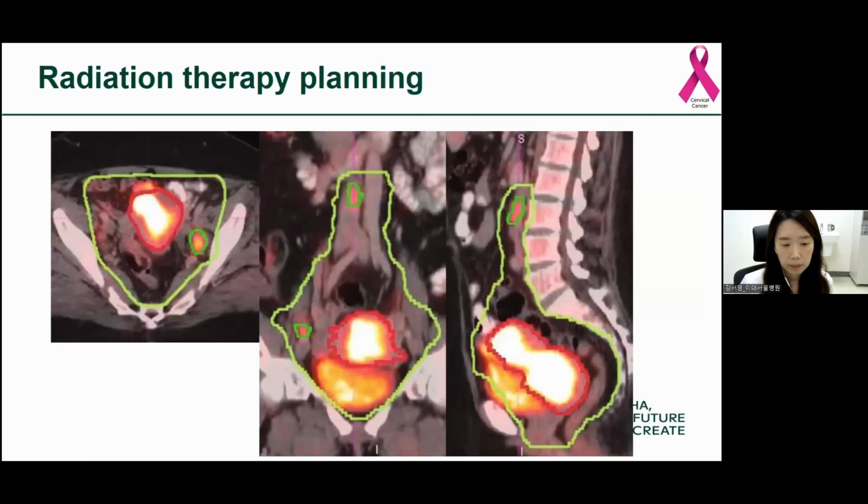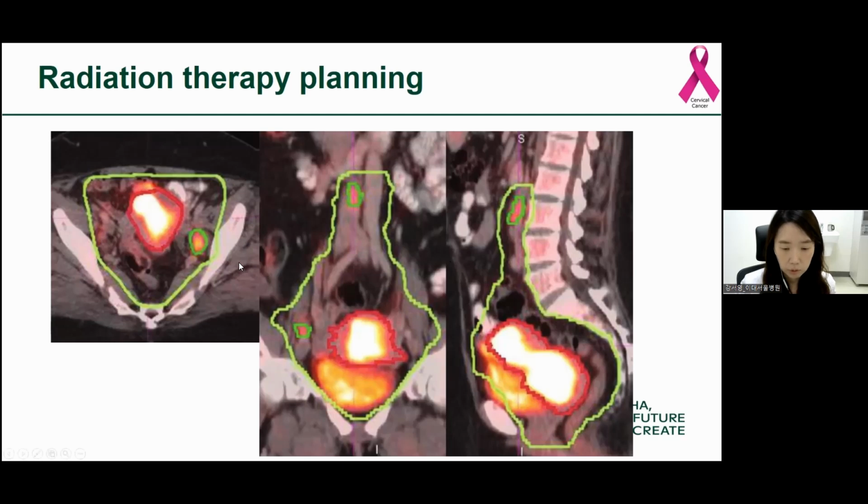The next example is the role of PET-CT in radiation therapy planning. The patient is a 65-year-old woman with locally advanced cervical cancer, stage 3B, with endometrial involvement and pelvic and para-aortic lymph node adenopathy.